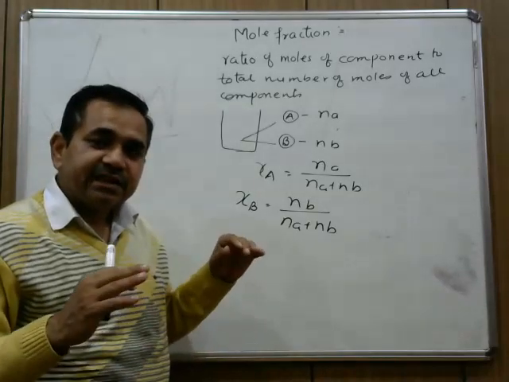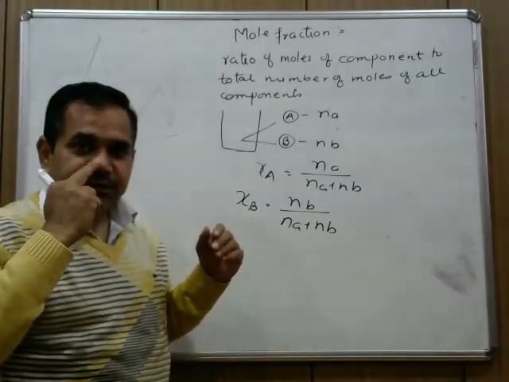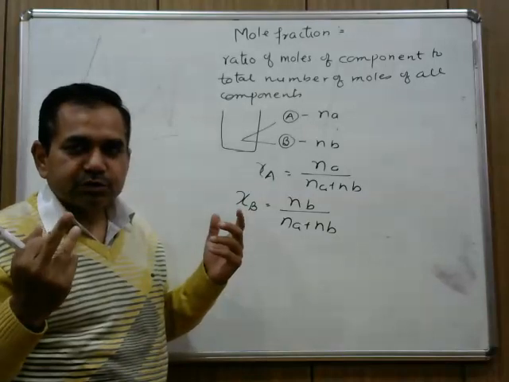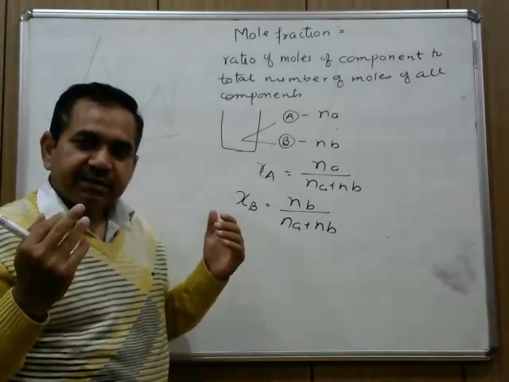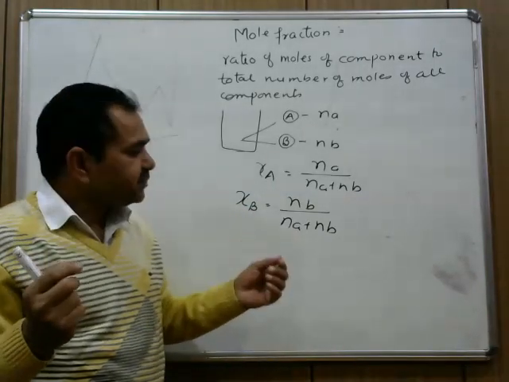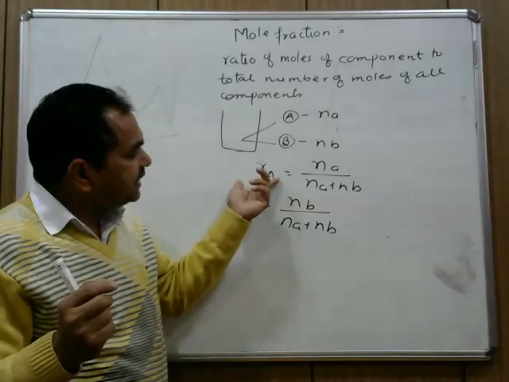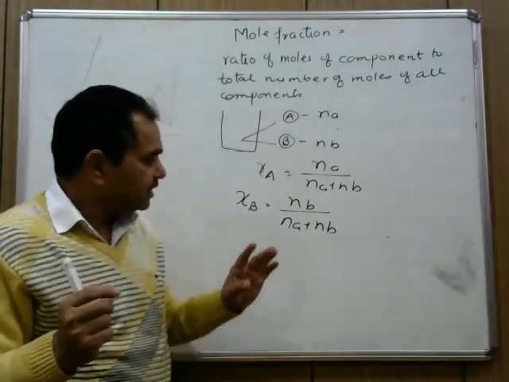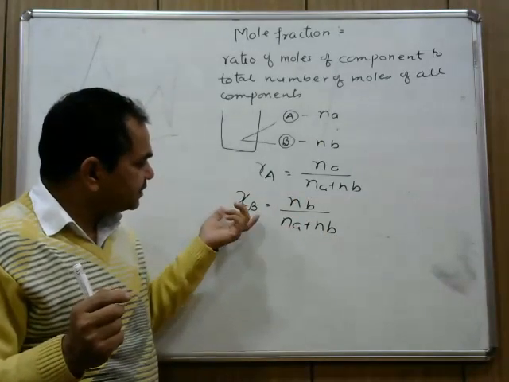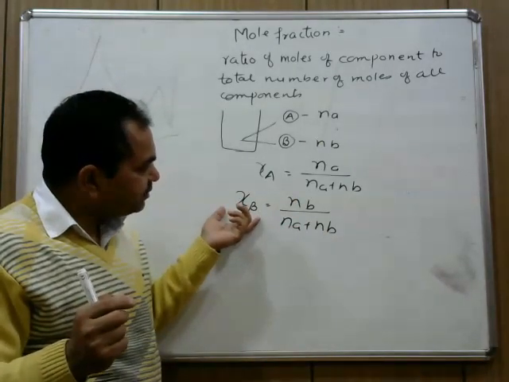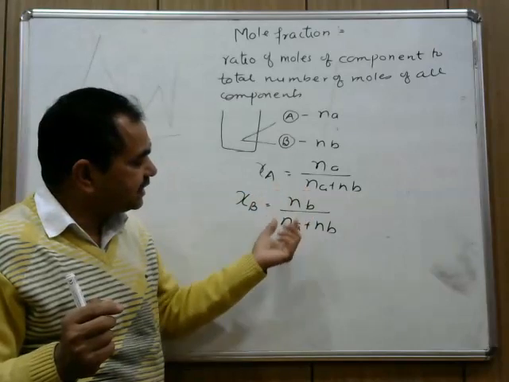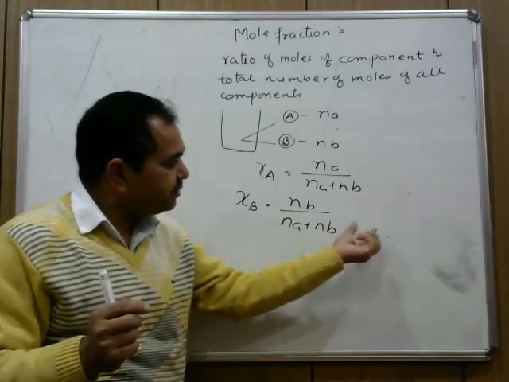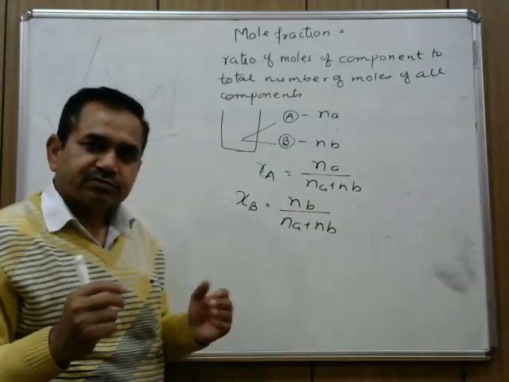If a third component C is also present with the number of moles Nc, then mole fraction of A is given by Na divided by Na plus Nb plus Nc. Similarly, mole fraction of component B is given by moles of B divided by Na plus Nb plus Nc.